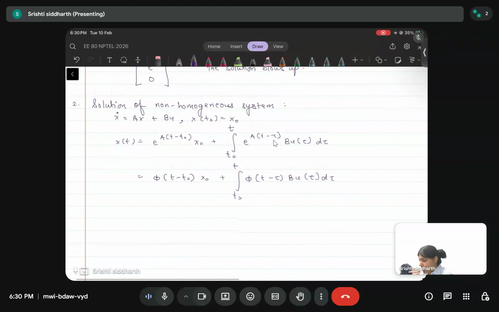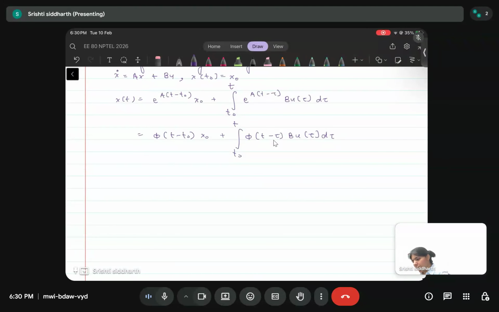Okay. So this is in the time domain form, or we can also use the Laplace inverse to get the solution. So x(t) is the Laplace inverse of (sI minus A) inverse times x0, plus the Laplace inverse of (sI minus A) inverse B U(s).